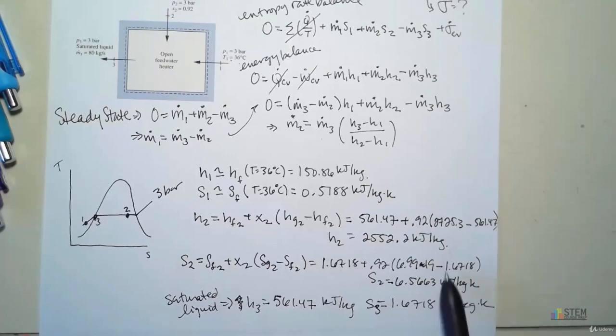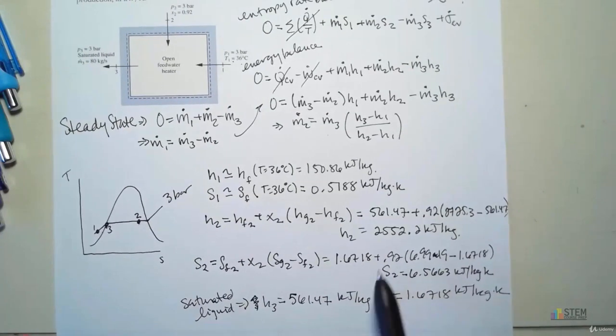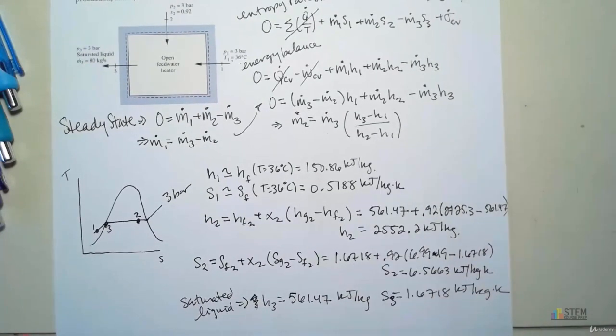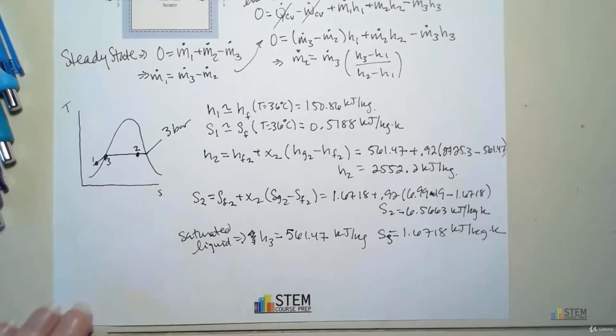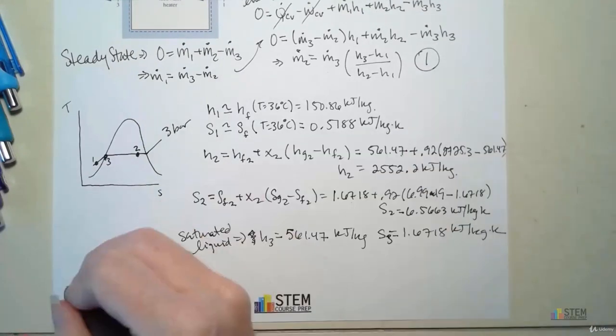Now we can take all of these numbers and plug them in up here. Now, let's see, I'm running out of room here. So let's call this equation 1.